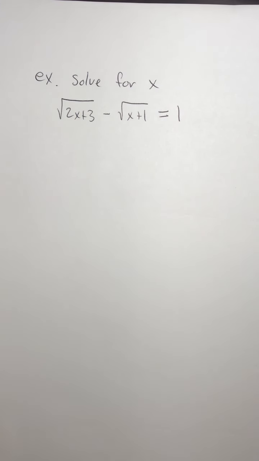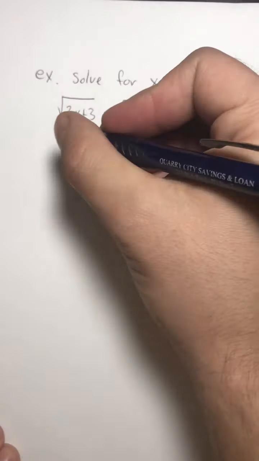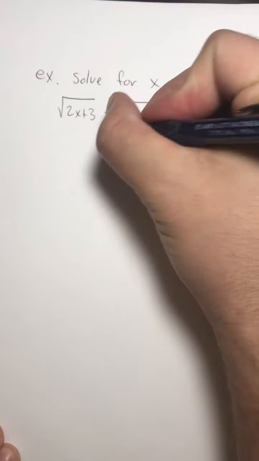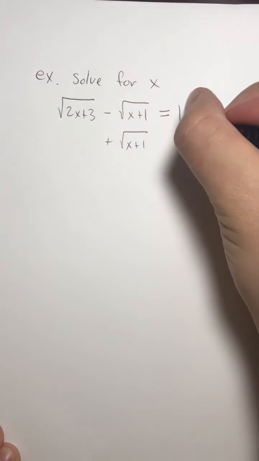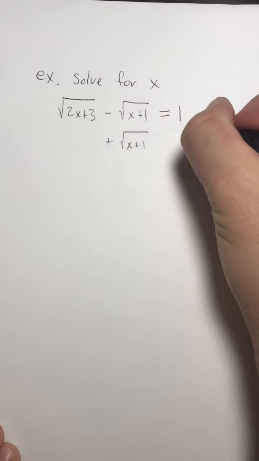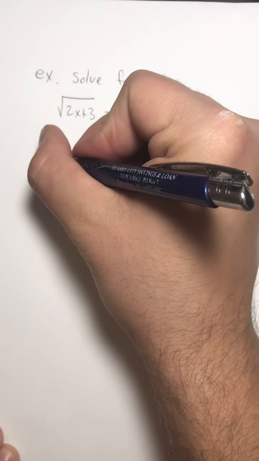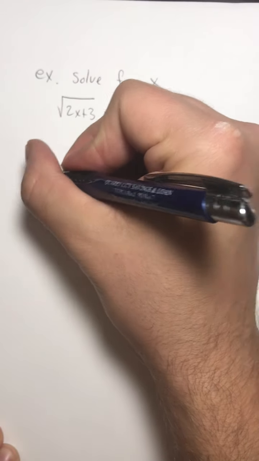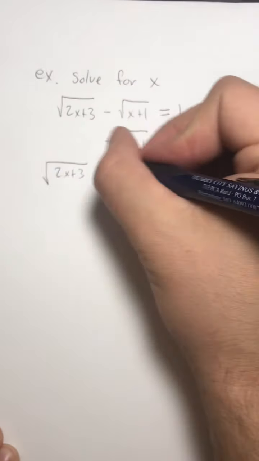So we're going to isolate one of those radicals on one side, and let's just do that by adding root x plus 1, and that'll isolate the square root of 2x plus 3 on the left.